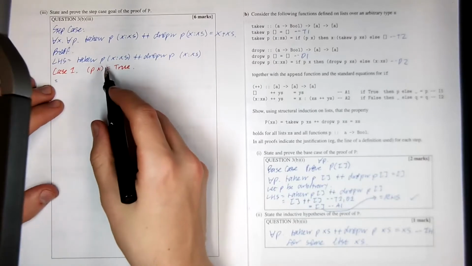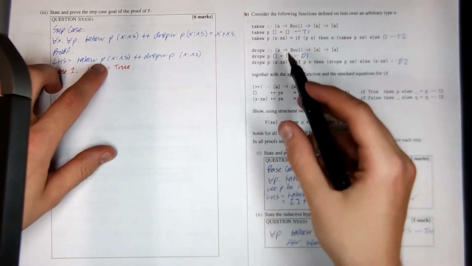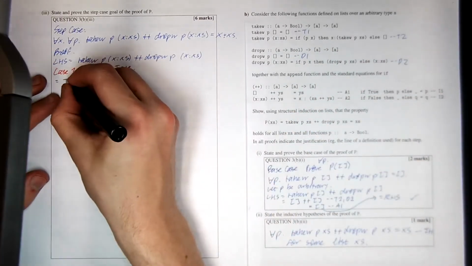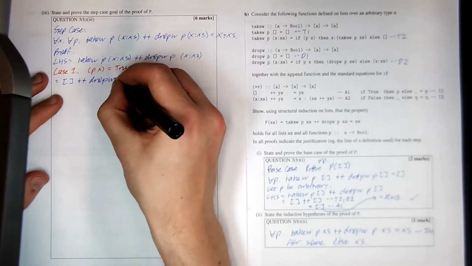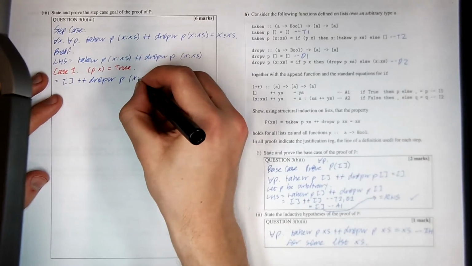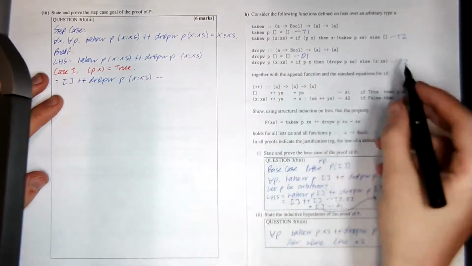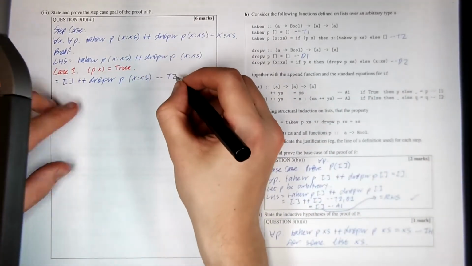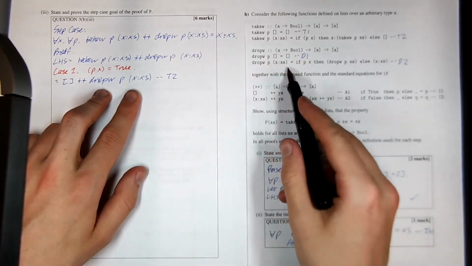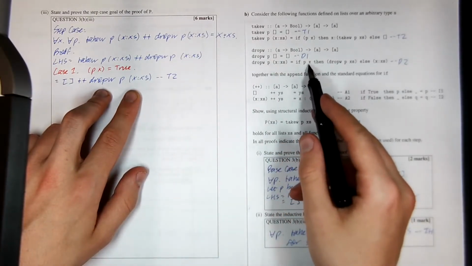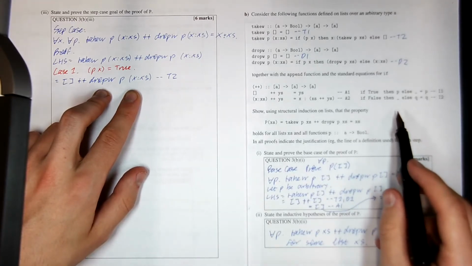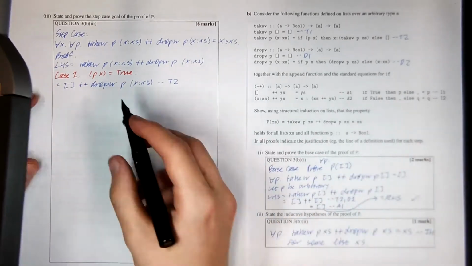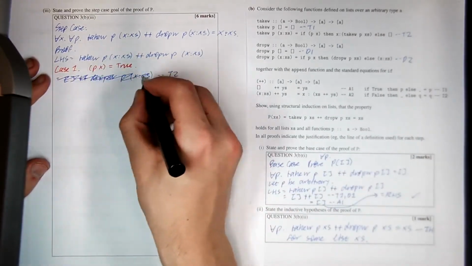So if P of X is equal to true, take-while P X cons XS concat drop-while P X cons XS by T2. And what does this evaluate to? I guess I've really skipped a step here because I haven't evaluated the if statement, so I shouldn't do that.